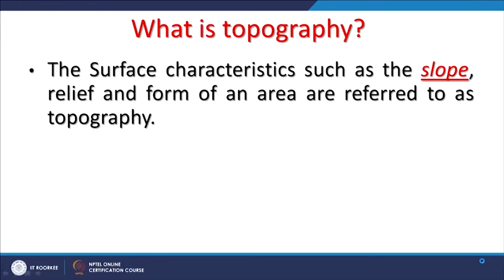Topography refers to the surface characteristics of an area, such as slope, which we are going to discuss, aspect, relief and form. The most common derivatives of a digital elevation model are always slope and aspect.